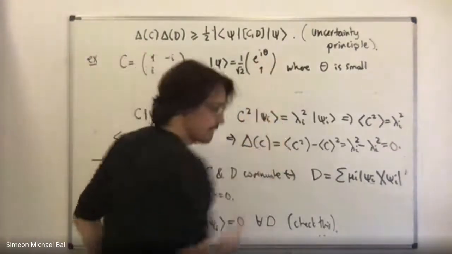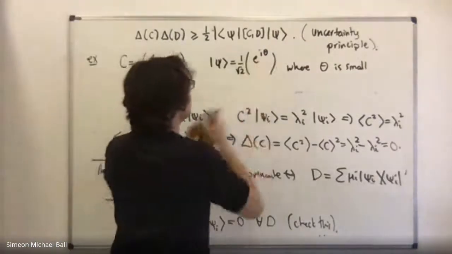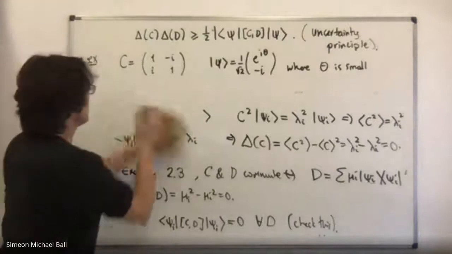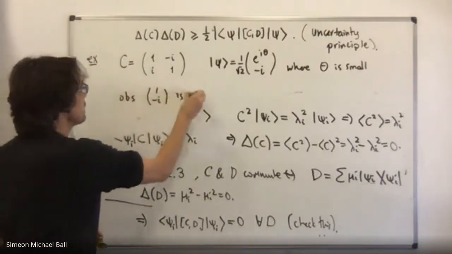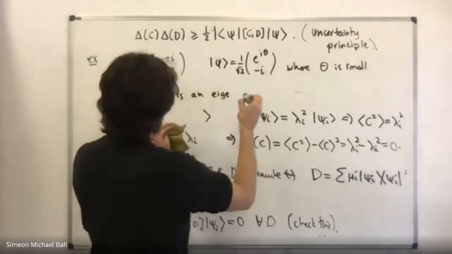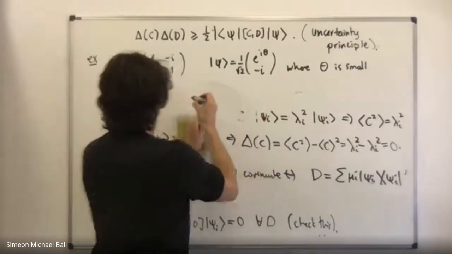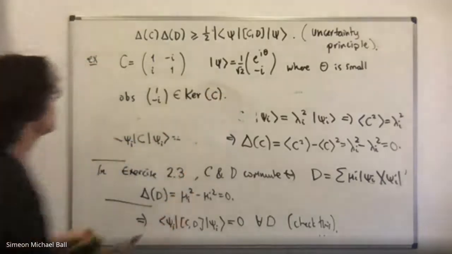This is minus I. So let's just observe that 1, minus I is an eigenvector. Well, in fact, it's in the kernel of C.